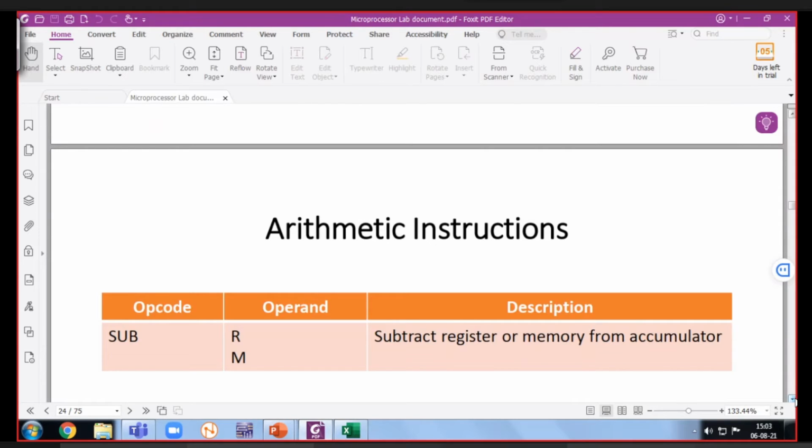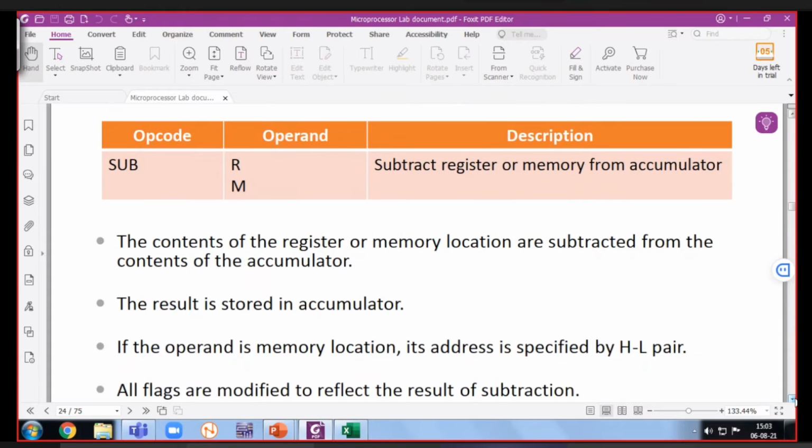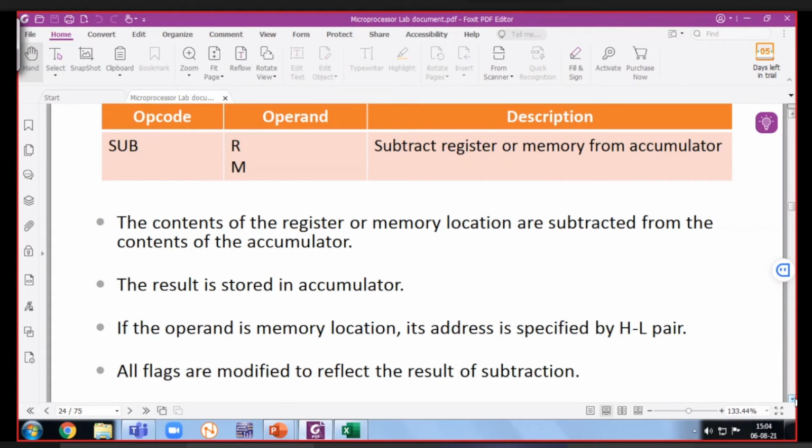Now we come to the subtraction part. Similar to addition, there are SUB R and SUB M. SUB R means SUB with C, D, E, H, L, B, A, anything you can write.